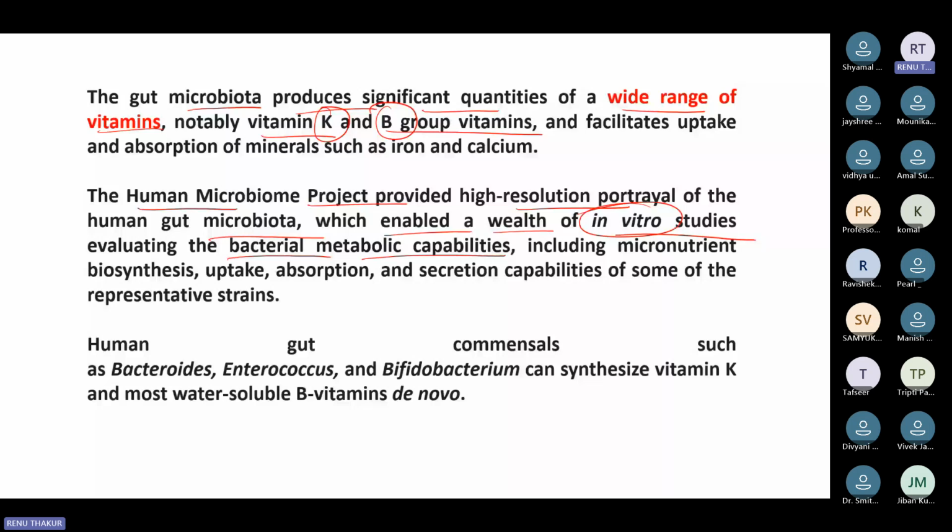So there are so many studies. People are checking whether the bacteria is capable of synthesizing such a metabolite or not, if they are provided some nutrient.